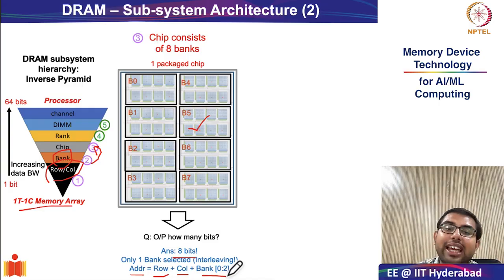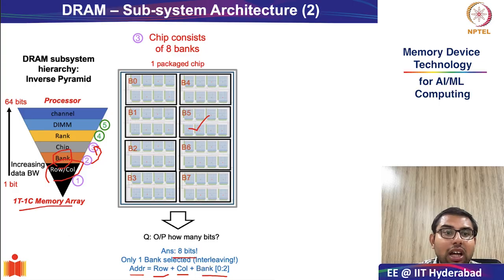Because 2 to the power of 3 is 8 and there are 8 banks. So this bank component in the address tells which bank has to be accessed, right? I hope you understand that one package chip consists of 8 banks, but the output from one package chip is just 8 bits or 1 byte, because in one operation cycle, only one bank is active.